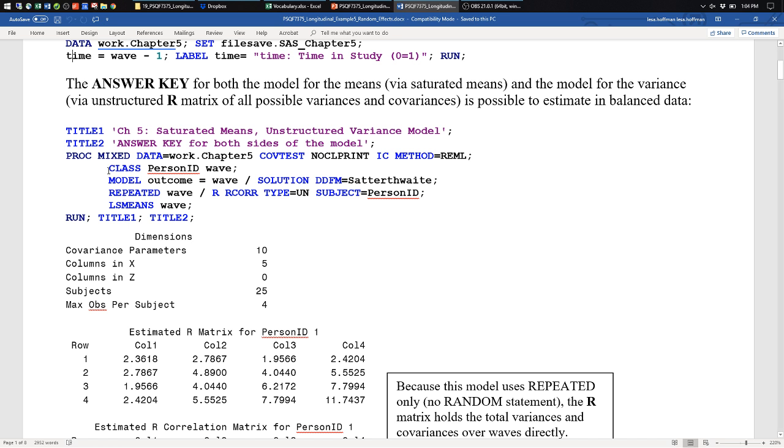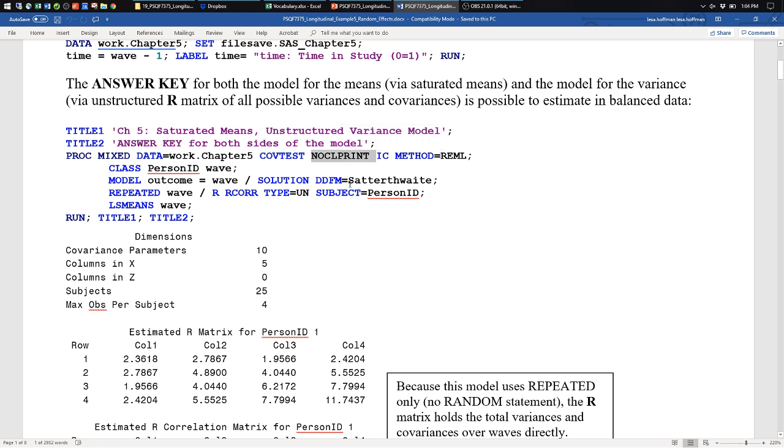So on the class statement are my 2 nesting variables. Person ID separates level 2 units. Wave distinguishes level 1 units. Cove test is an option that gives me standard errors for the covariance parameters.